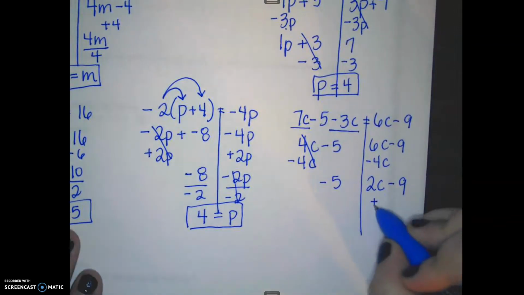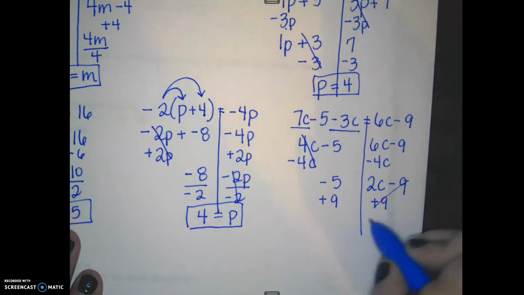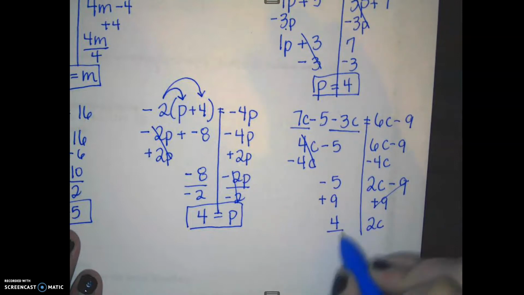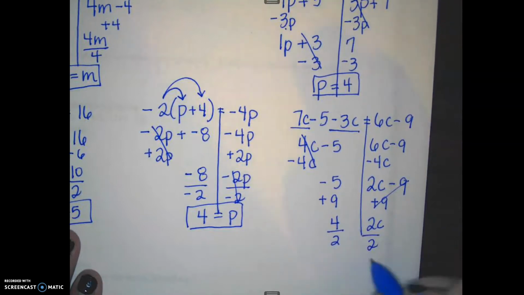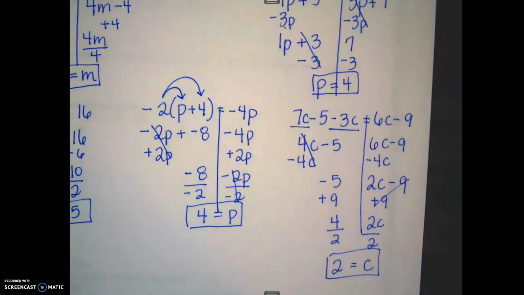Then I'm going to add 9 to both sides. Divide both sides by 2. And I get that c equals 2.